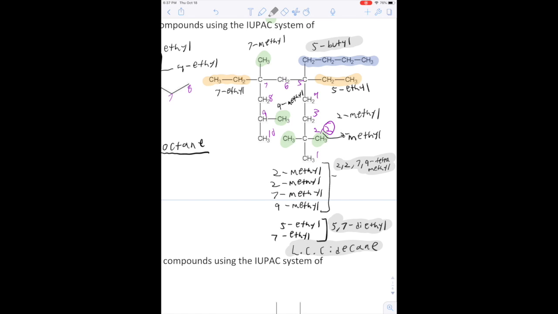You got it? Now I'm going to connect all of these to my IUPAC name. Just highlighting this here so you guys can see how I get my answer. So butyl, because that's the shortest, then comes 5,7-diethyl, dot dash here.